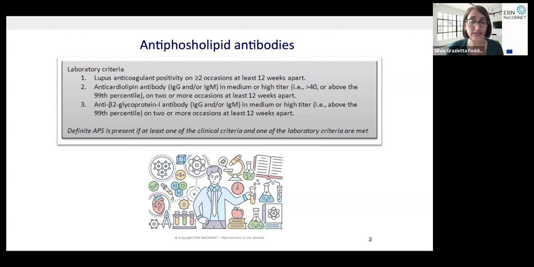Last but not least, one of the peculiarities of these antibodies is that they need to be persistently positive over time. International guidelines and a group of researchers decided to set a lag time of at least 12 weeks necessary to confirm the positivity or, on the contrary, to exclude it for a patient.